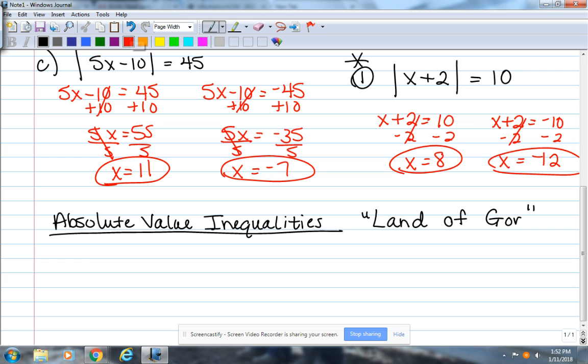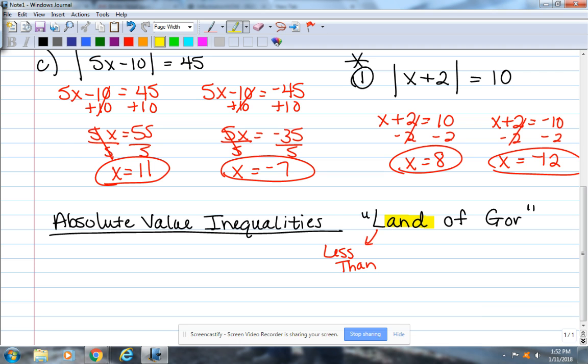So, what the phrase land of goer helps us do: when we see a less than or a less than or equal to in our absolute value inequality, it's going to be an and problem.